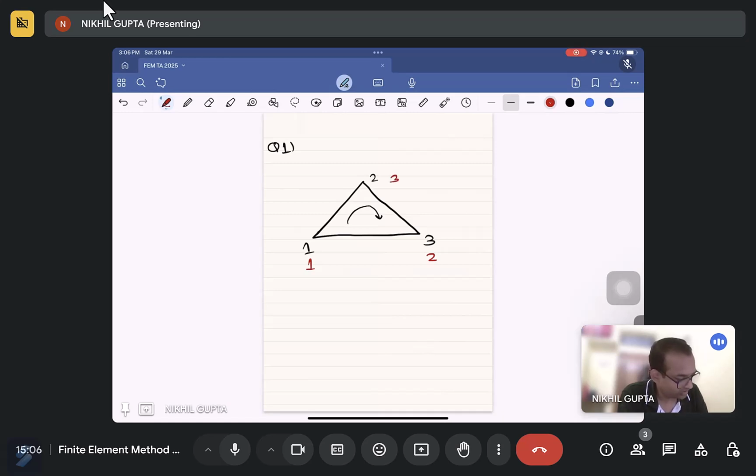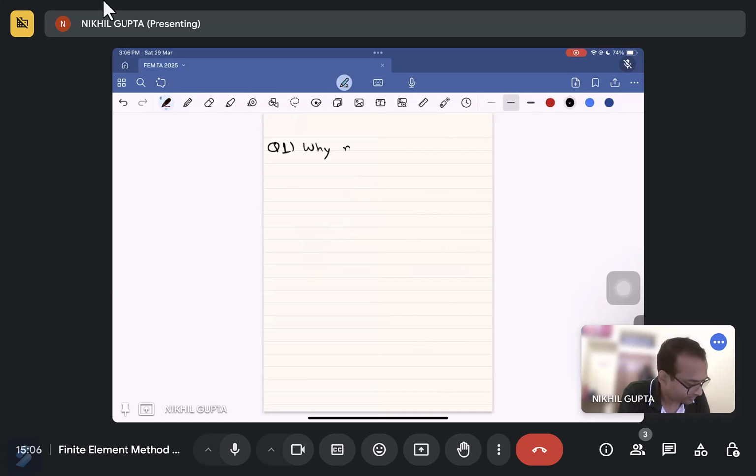So the first question which I will discuss here is: why should numbering of elements be done in the anti-clockwise direction?